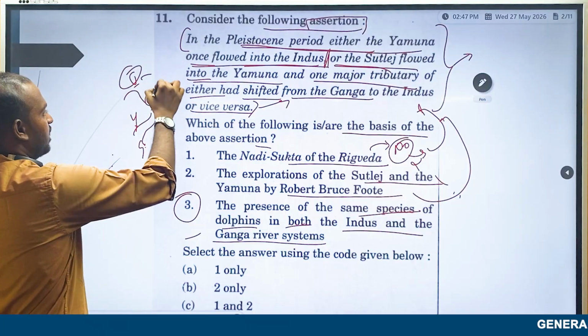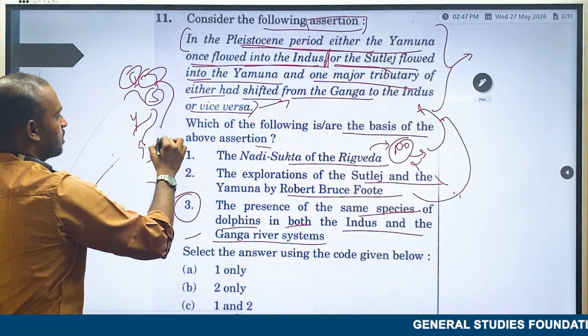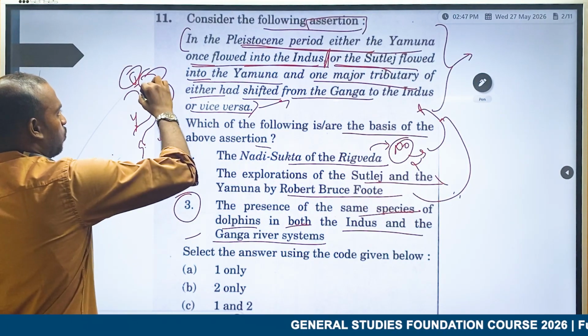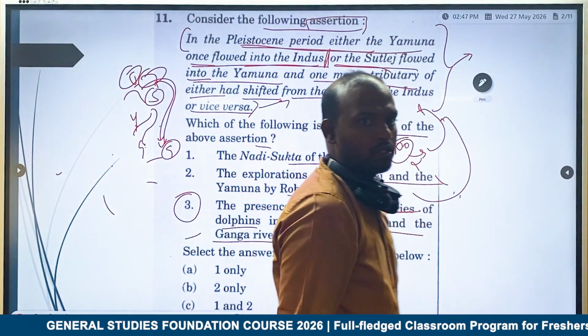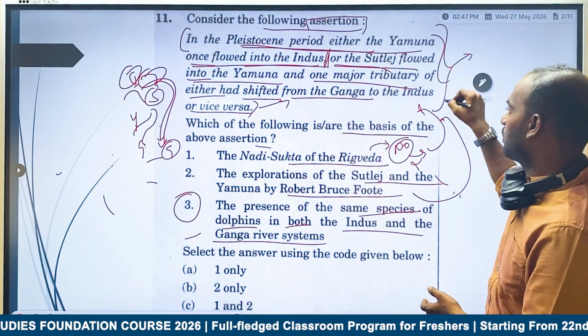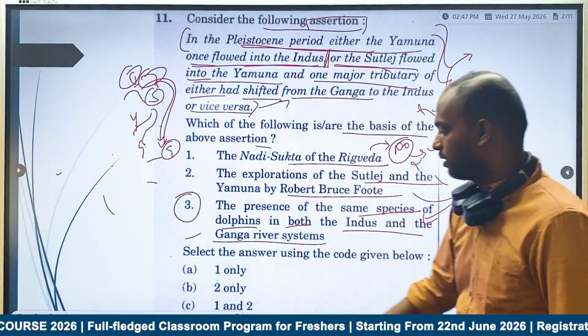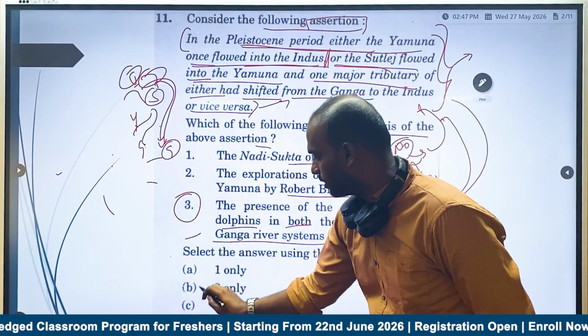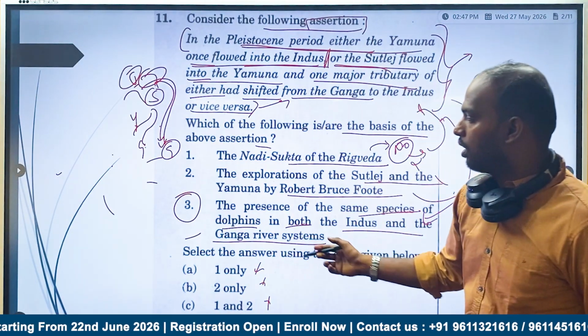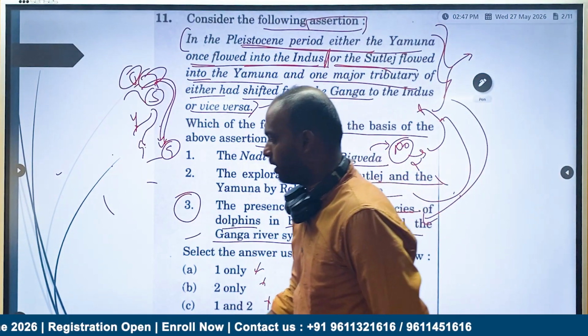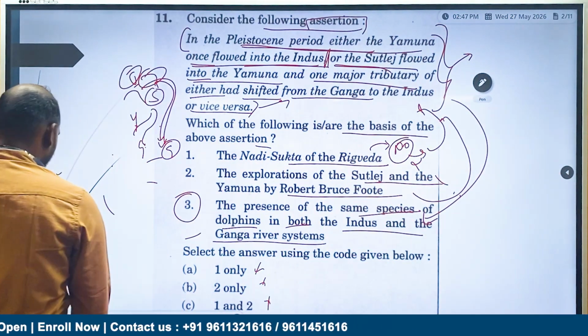The species in the Indus, the same species we can see in the Ganga, because once upon a time they had a link. That's all. So this proves statement 3 is correct. No option contains statement 3 except D. So statement 3 is correct, option D is correct. That's all.